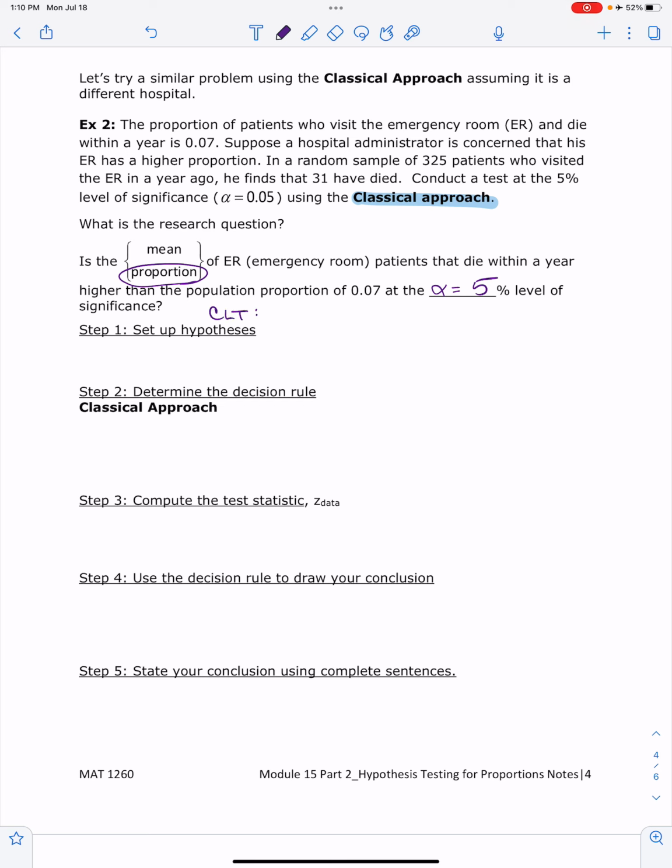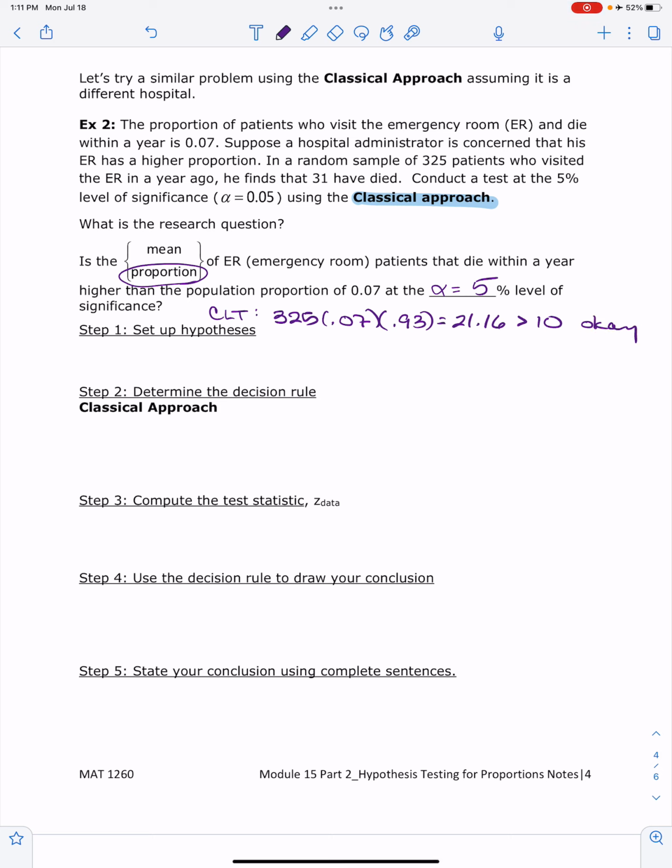So we ensure that our sample will meet the guidelines for normality. So we know we can use z-scores because we're looking at this as a normal distribution. We gotta make sure we can. We get 21.16, which is greater than 10, so we are okay here.